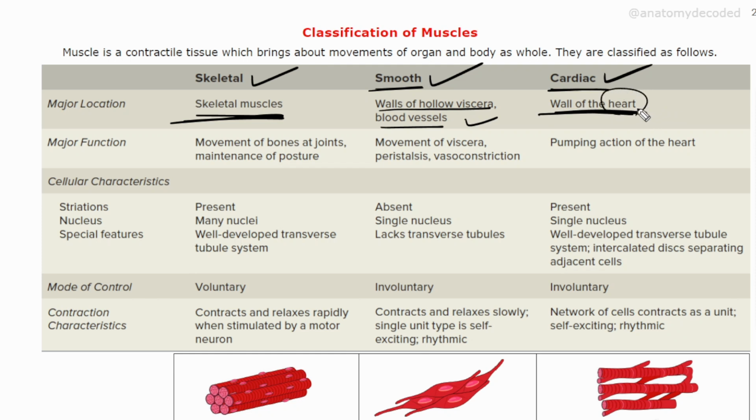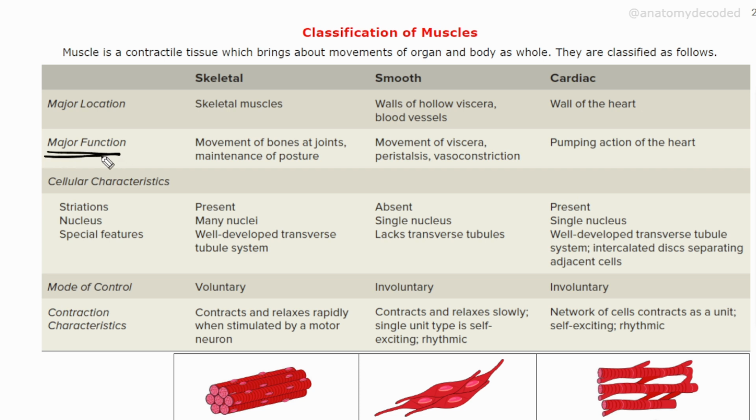Okay, apart from the heart, any other organ you name, if there is any muscle in the wall of that organ, that will come under smooth muscle. For example, the wall of the stomach, the wall of the urinary bladder. All those have muscles that come under smooth muscle. So, the basic three different types you all should know.